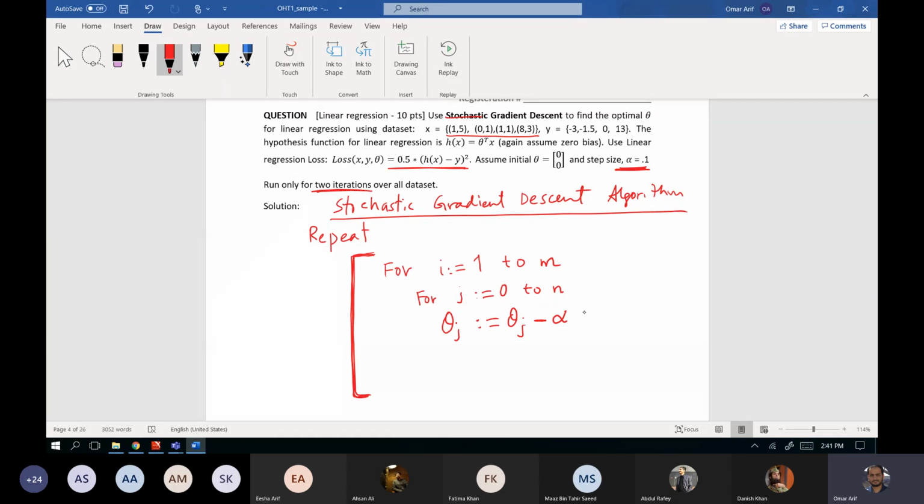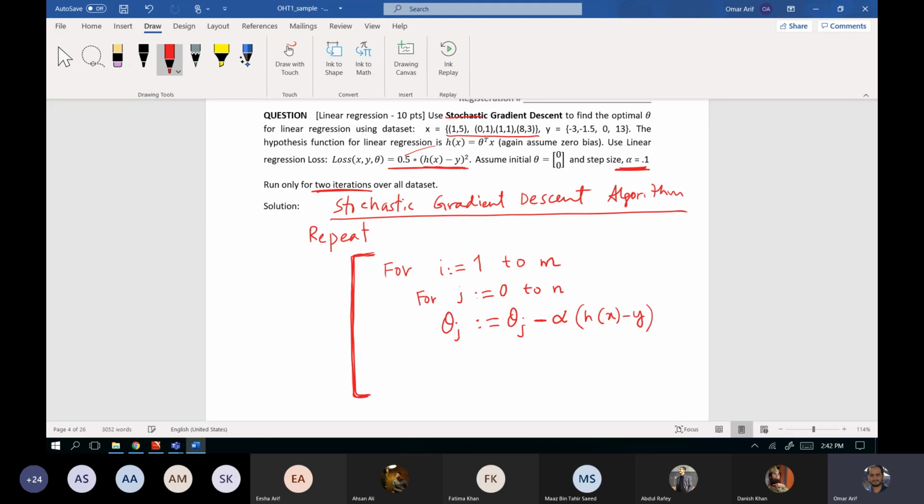So this is h of x minus y, and then again I have to compute the gradient. In the first step I have taken 2, so 2 times this, but I already have 1 divided by 2, so that goes away.